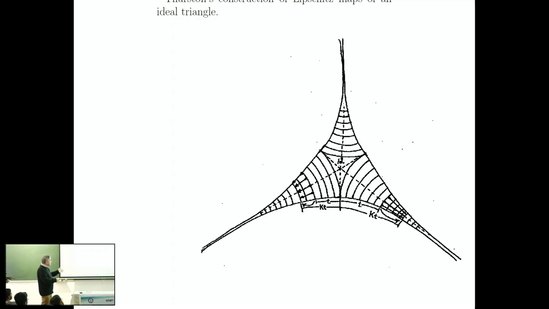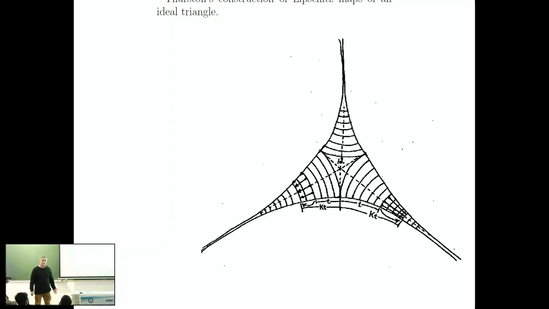So it's more or less clear that, because of the symmetry, there are 3 points on the sides where you cannot make it bigger. This is called the horocyclic foliation of the ideal triangle.